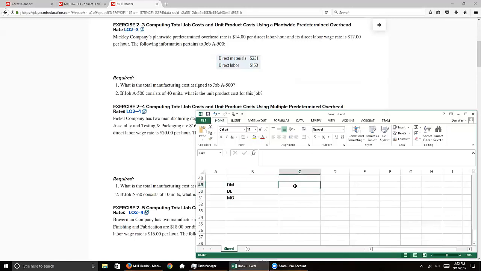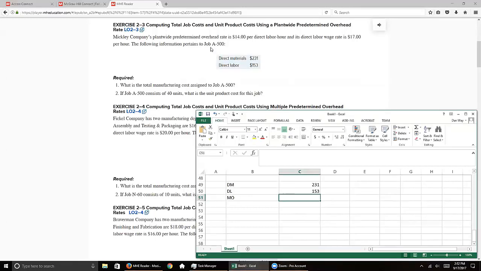In this case, they gave us materials and total labor cost, but they didn't give us manufacturing overhead. So now we have to determine how to apply overhead to this particular job.